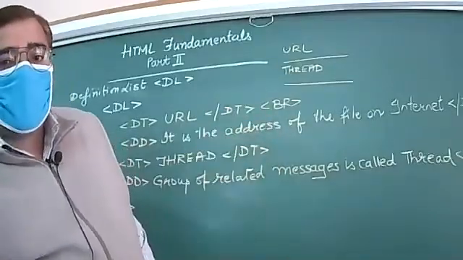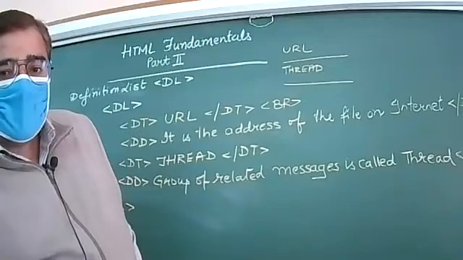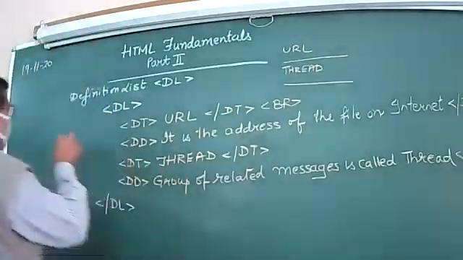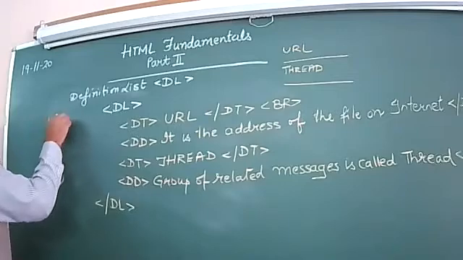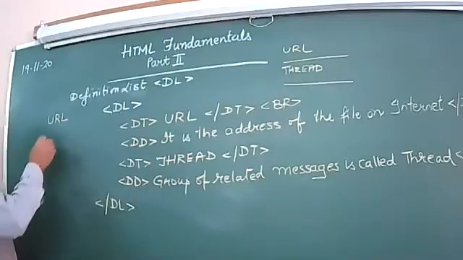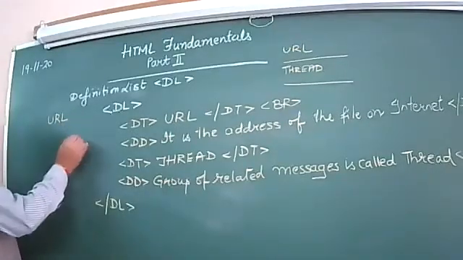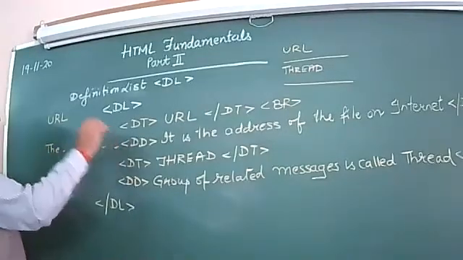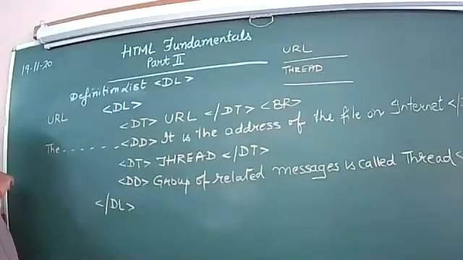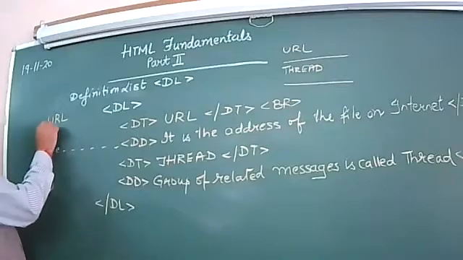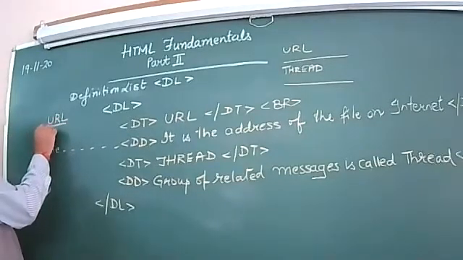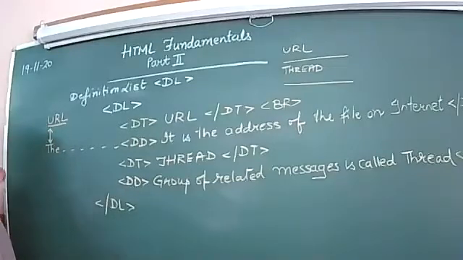BR will be added only in one particular case. Suppose you have been given the term, then one blank line is left, and the definition is after one blank line. You got my point? Term is given in one line, then one line is left blank, then the definition starts.